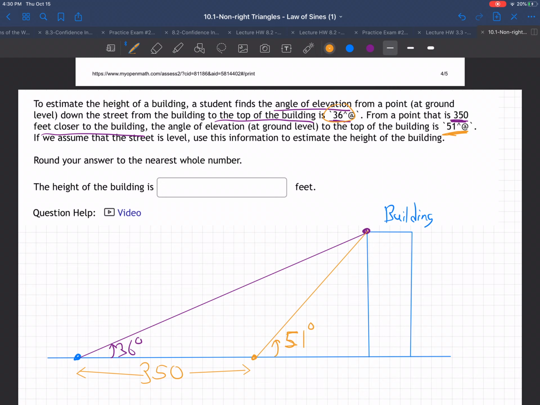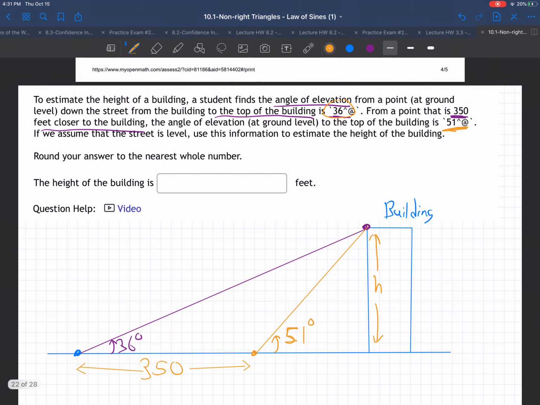Now we go. If we assume that the street is level, all the ground is flat and level, use this to estimate the height of the building. So how can we use that to find, over here, we want to find h, which is the height of the building. How can we find h in this situation? Well, this is kind of a tricky little problem, isn't it?